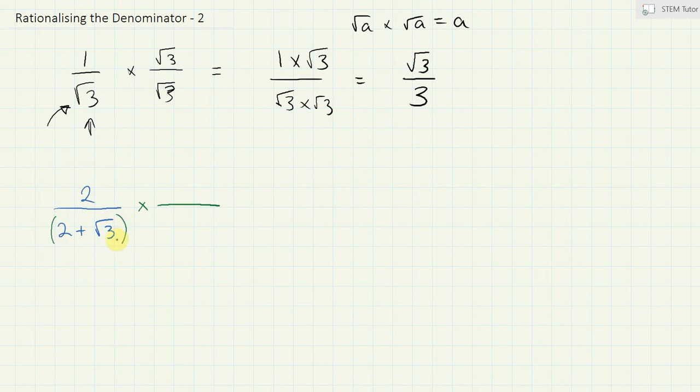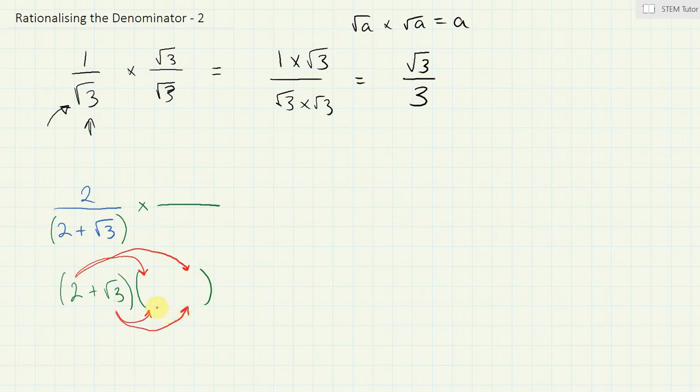So let's just consider the 2 plus root 3 within a bracket. We're starting off with 2 plus root 3, and we need to multiply it by something in another bracket that should hopefully remove these root terms. From multiplying out brackets, the first term is multiplied by the first, then by the outer term, then the inner, and then whatever's last.